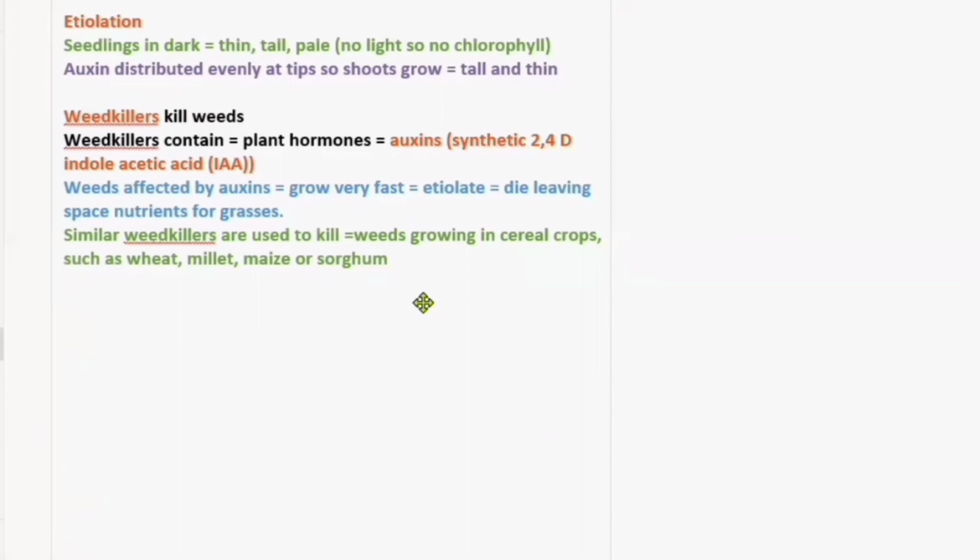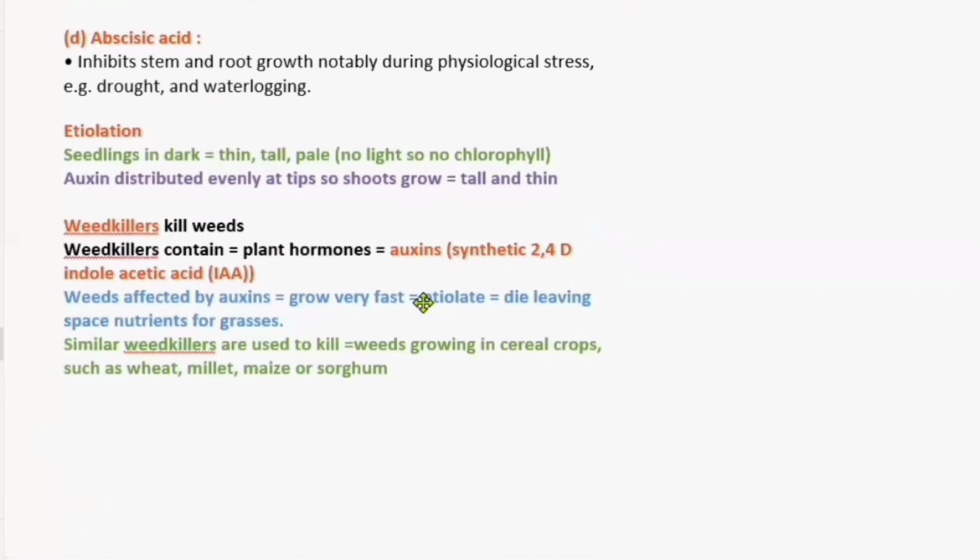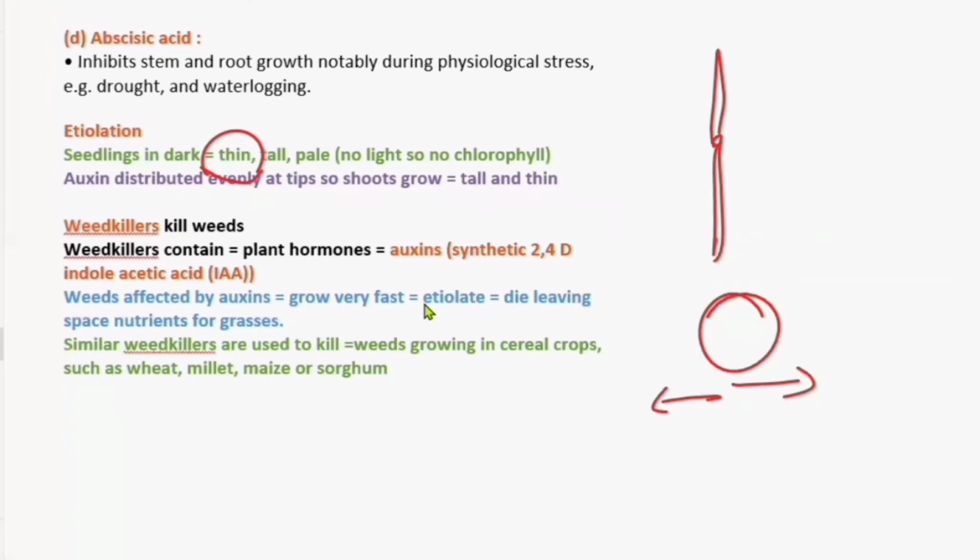It is thin, it is tall, and it is pale, right? Thin is because the cells are elongating, they are not growing in the width. This is also because of the division in the cells horizontally. And then it is tall because the cells are elongating because of auxin.